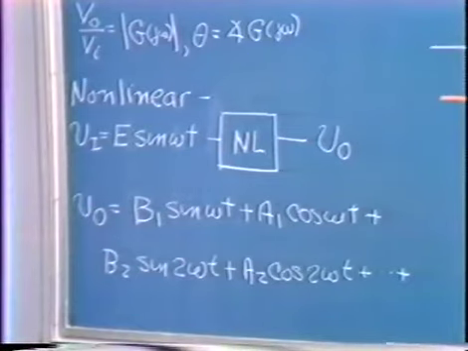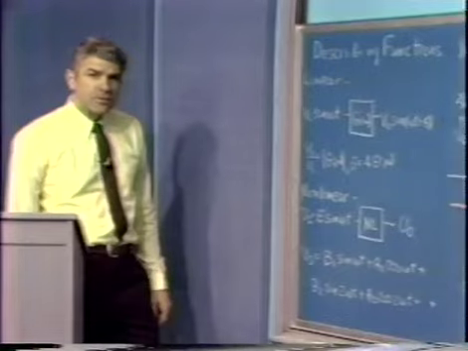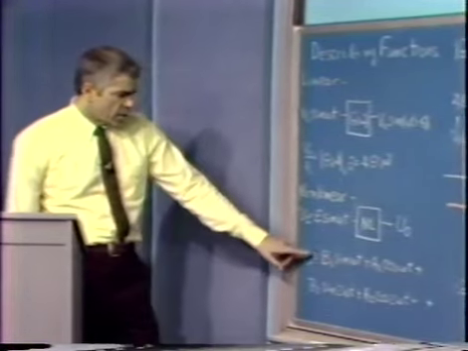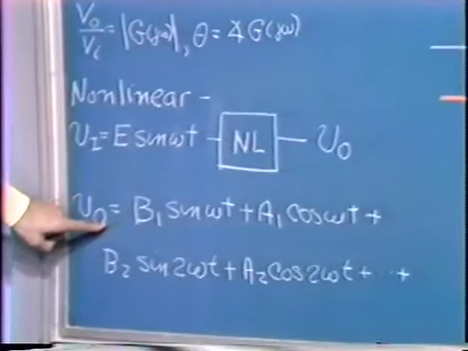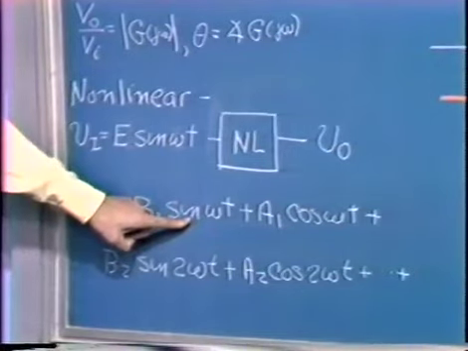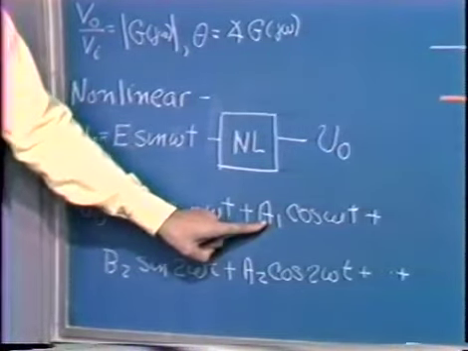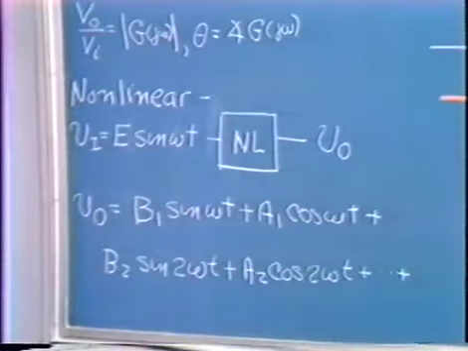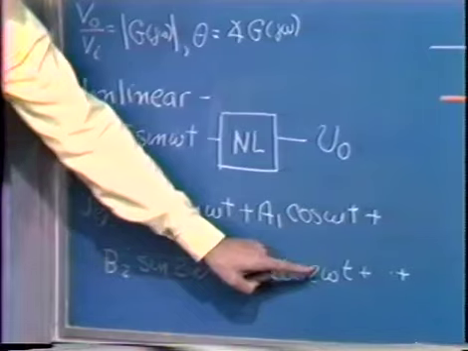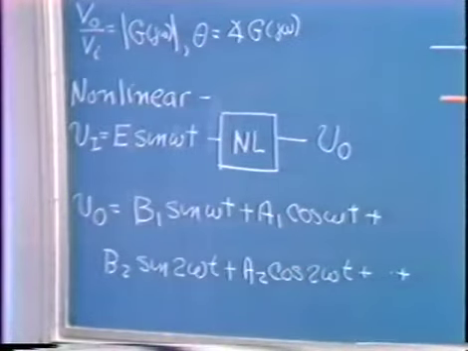The element does not rectify, so the output contains no DC term, and similarly there's no subharmonic generation. Consequently, the first term in the Fourier series for the output signal is at omega, and we can express the output signal as some constant b1 times sine omega t plus another constant a1 times cosine omega t, and then all the higher order terms in the Fourier series, b2 sine 2 omega t plus a2 cosine 2 omega t, and so forth.